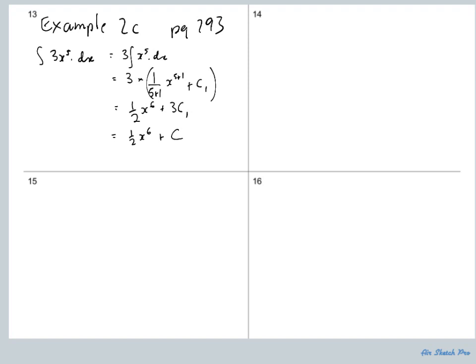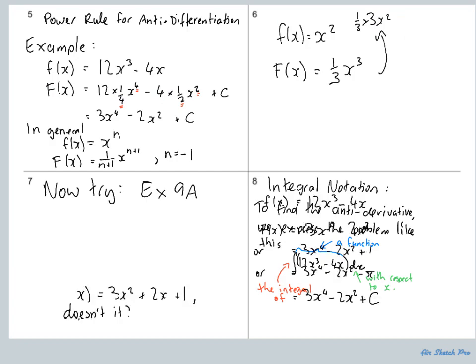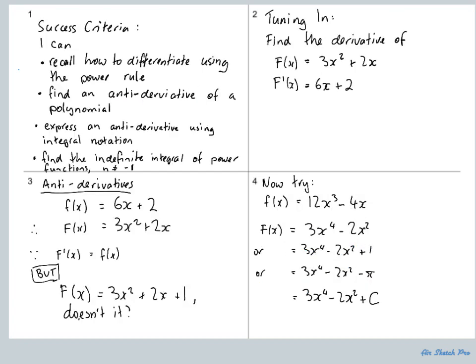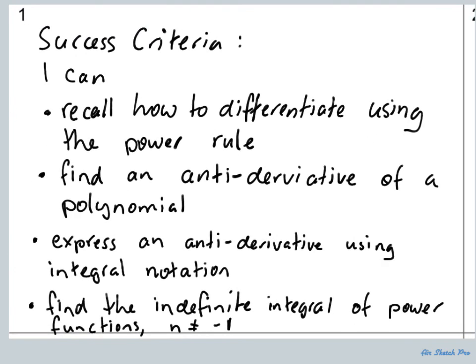So that's basically it. I'm going to leave it there for today. Let's just have a quick flick back to the success criteria. We started off by looking at this. I can recall how to differentiate using the power rule. I think you should be able to rate yourself on that one now. Find an antiderivative of a polynomial or a power function, probably a better way of writing it. The next one is express an antiderivative using integral notation. That's what we just had a look at, and you're going to have a bit of practice time for the last 10 minutes.